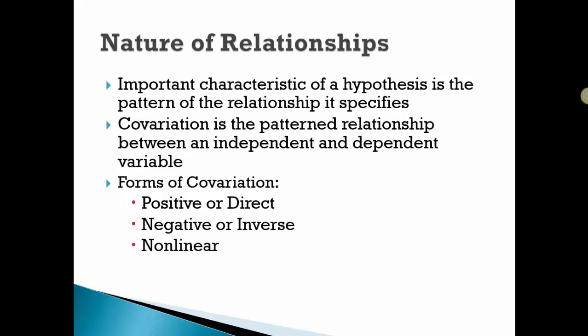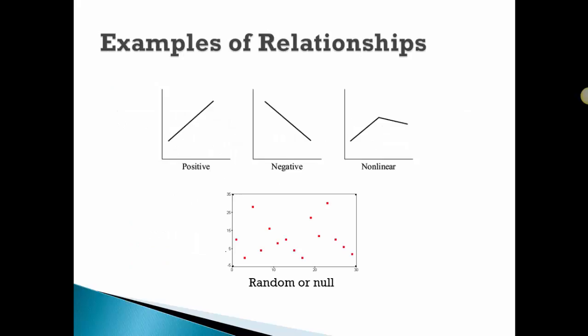Nonlinear, I'm going to show you an example of that in a minute. It doesn't follow the same pattern as we move through increasing the independent variable. And then random or null. And let's take a look at what these graphically look like. On the top left, you see a positive relationship. So here, as x is increasing, as the independent variable is increasing, the dependent variable is increasing. Here's a negative.